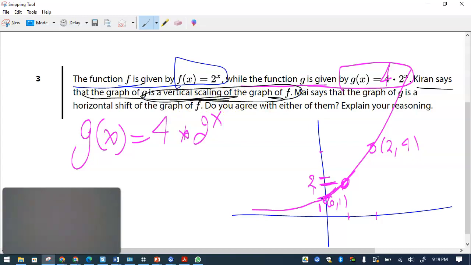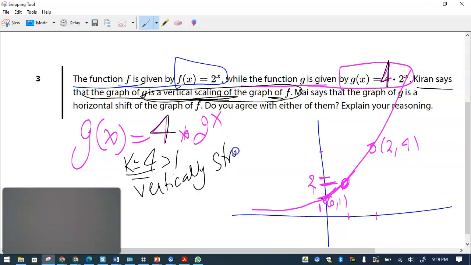He's saying because there's a 4 there, this 4 is greater than 1, that's like a k, the scale factor, so there is a vertical stretch of f by a scale factor of 4. So Kiran is right.